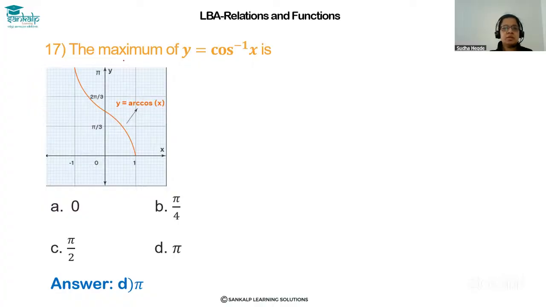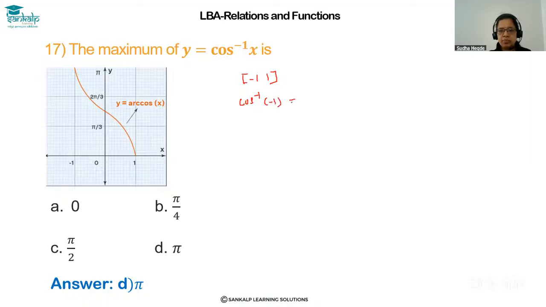Hi students, the question is the maximum of y is equal to cos inverse x. What's the domain of cos inverse x? It is -1 to 1. Correct? So, what is cos inverse -1?